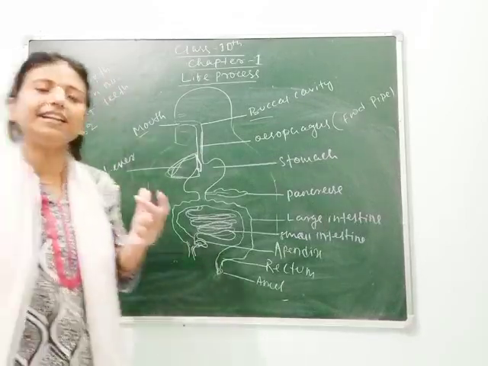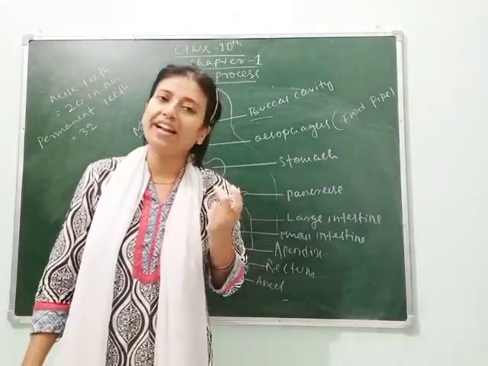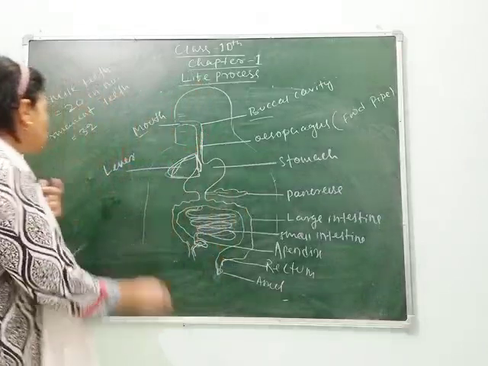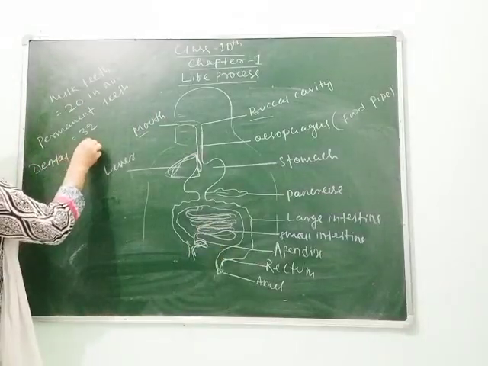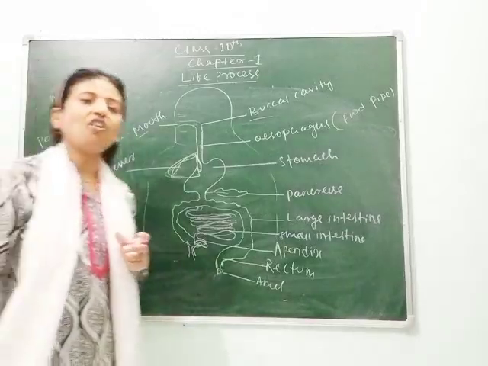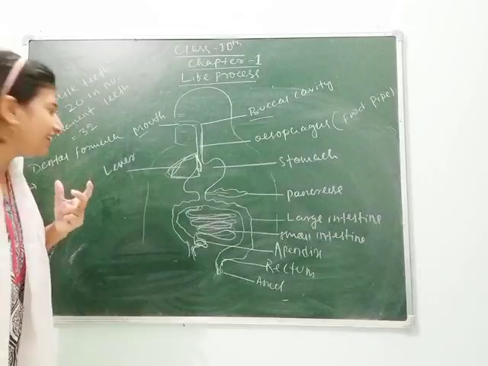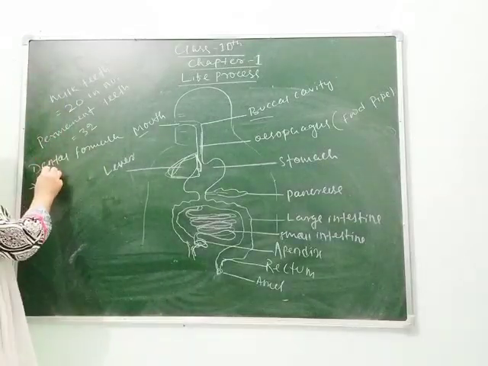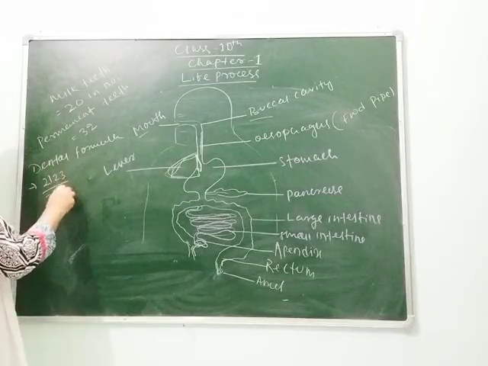So how are the 32 teeth arranged inside our mouth? This is called your dental formula. Clear students? So what is dental formula? Dental formula means the arrangement of teeth inside the sockets of the jaw. The dental formula is 2123 upon 2123.